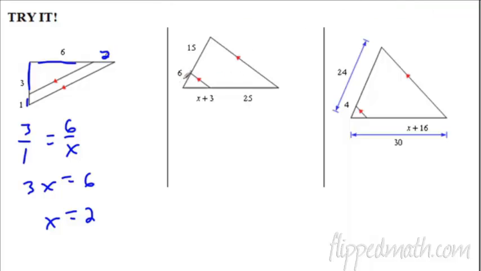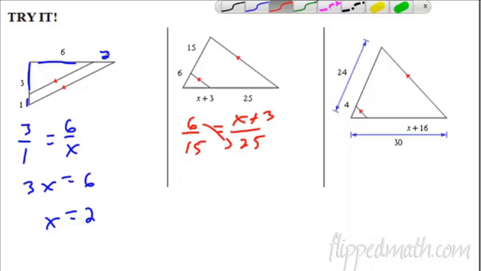Let's try the next one. Same thing here. I can say 6 is to 15 as X plus 3 is to 25. Awesome. Can we solve this? Sure. We're going to cross multiply, so 6 times 25 gives me 150.